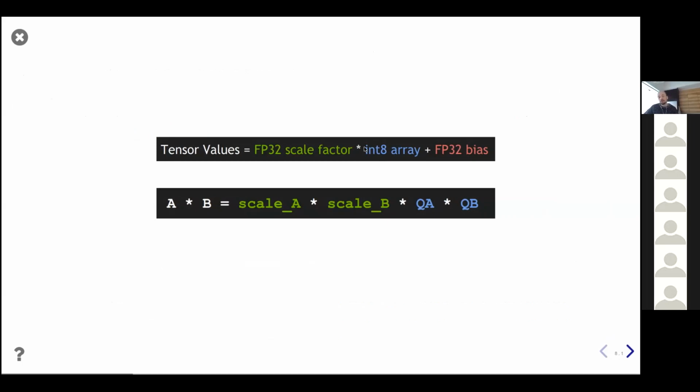So when you perform an operation, for example a convolution or a dense layer, your concrete computation involves matrix multiplications between these integer 8 arrays, and that can hopefully be performed efficiently on your available hardware.